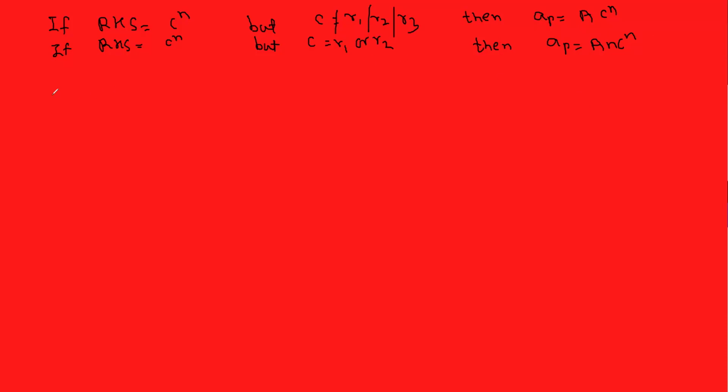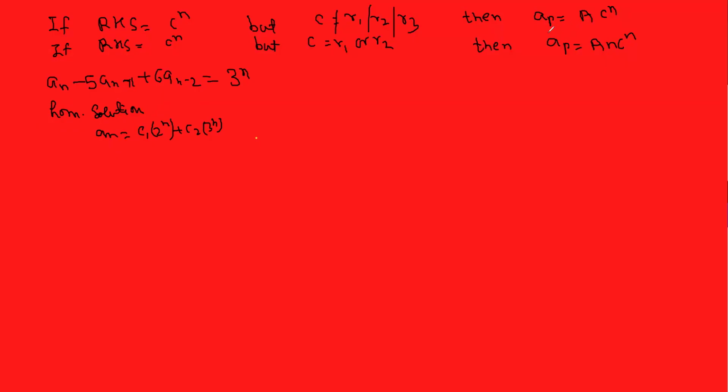For example, I am solving the previous question again. Here it was 5. Let's suppose this is 3^n. Understood? I am now solving the homogeneous part because the homogeneous solution will be the same, right? No, no, no. The homogeneous solution will be the same.